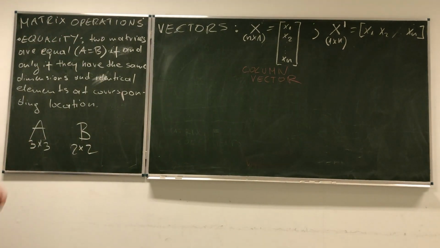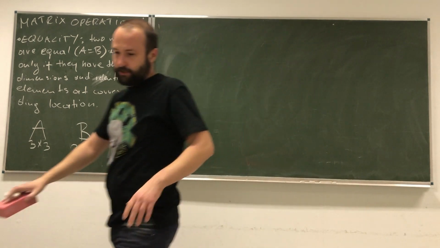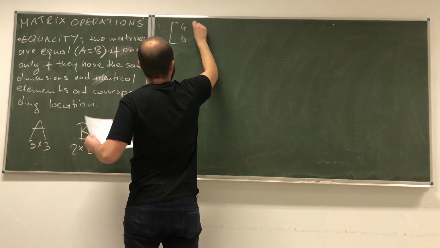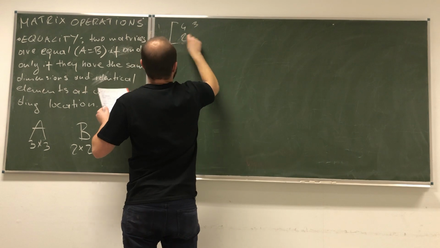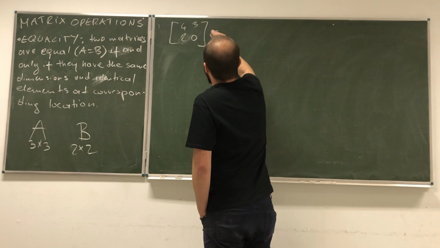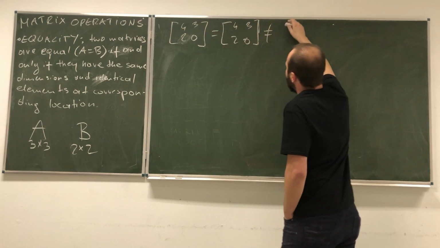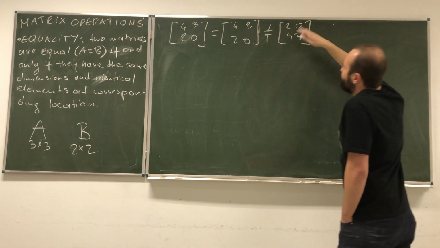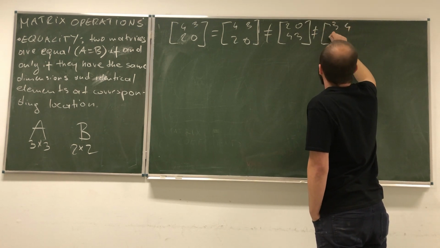Now, if we have two matrices with the same dimensions, like for example, 4, 0, 3, 2, then this matrix is equal only to this matrix, and is different than if, for example, I would have 2, 0, 4, 3, or if I would just change one number, two numbers, 3, 4, 2, 0.